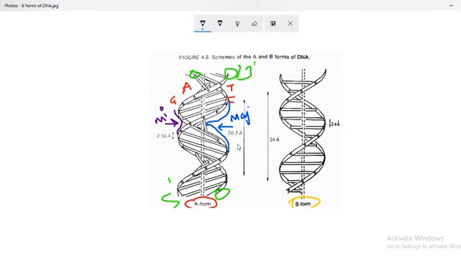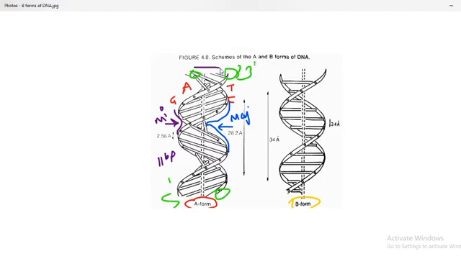So the DNA, per turn of the helix, contains 11 base pairs, 11 base pairs per turn of helix.